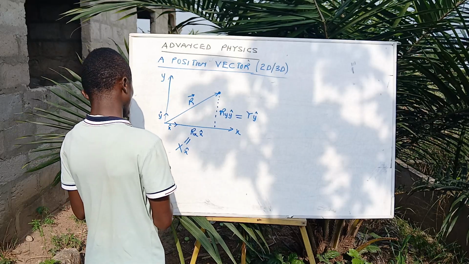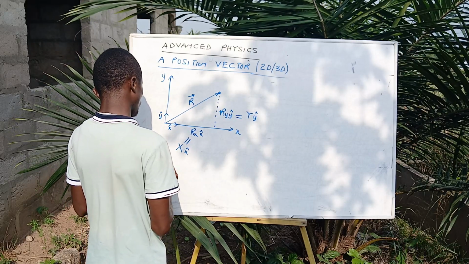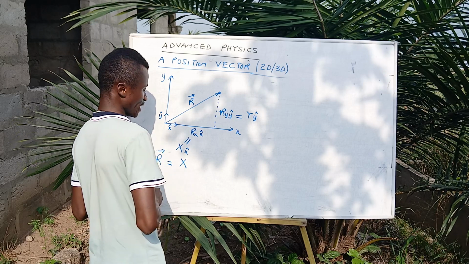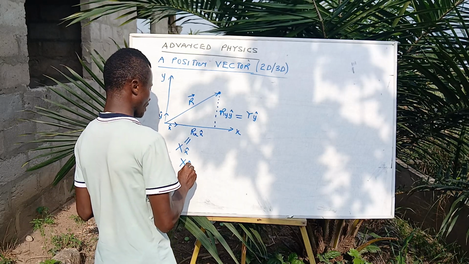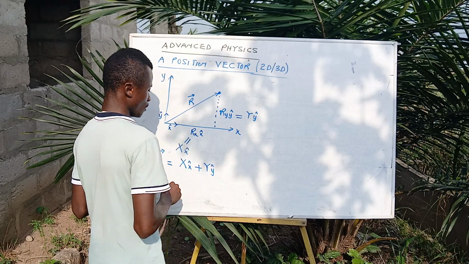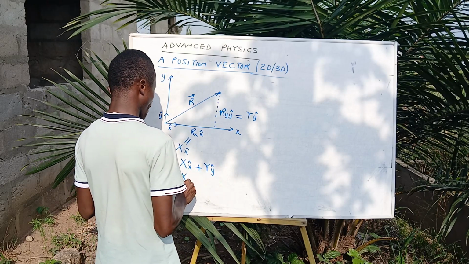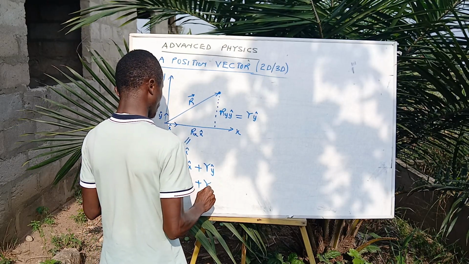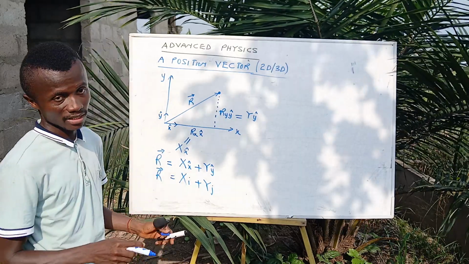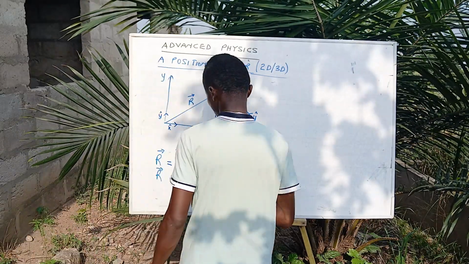So the position vector r of a vector in 2D space would have a component in the x direction, x roof, plus y, then y roof, or xi plus yj, where the unit vectors can be written as this or that.